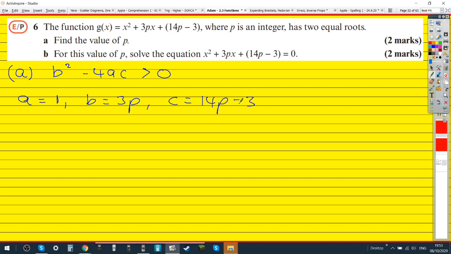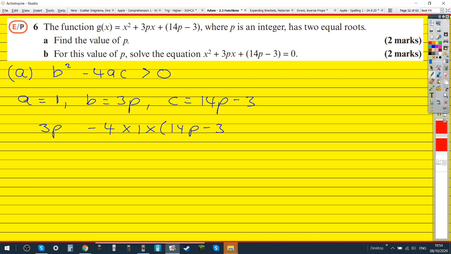So it'd be 3p squared minus 4 times 1 times brackets 14p minus 3 is greater than 0.